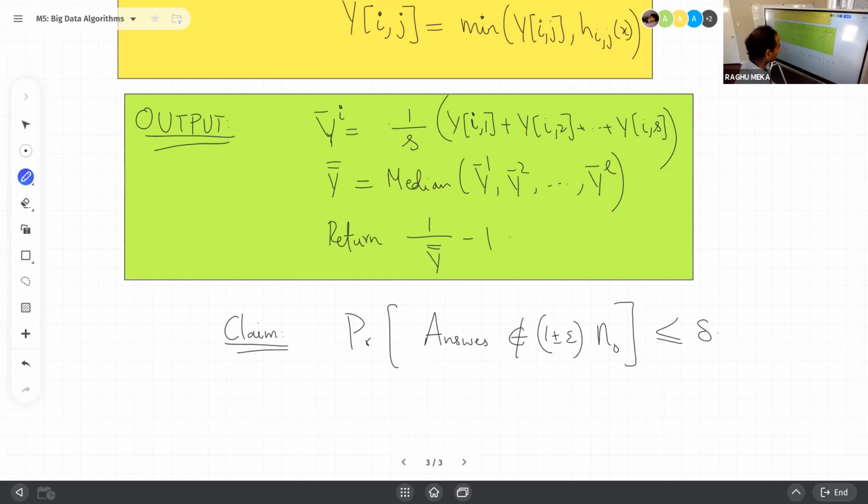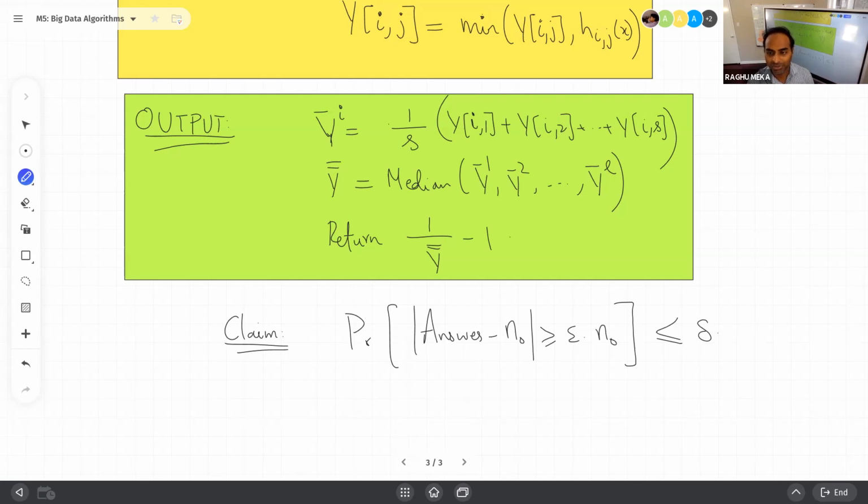Okay, maybe this notation is confusing, so let me expand on that. Probability that answer minus n0 is greater than or equal to epsilon times n0 is at most delta. Okay, so that's what we get. You're getting a very good estimator with errors like 0.01. Reliability can be boosted exponentially.